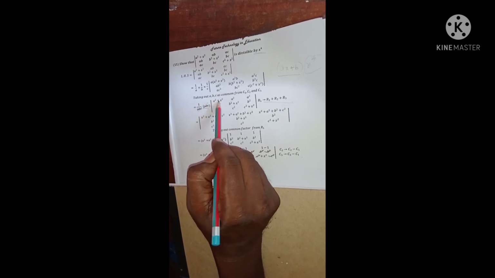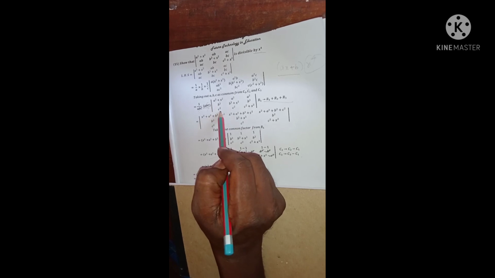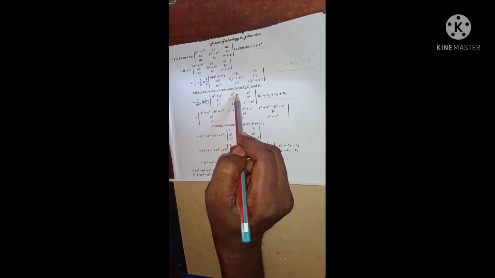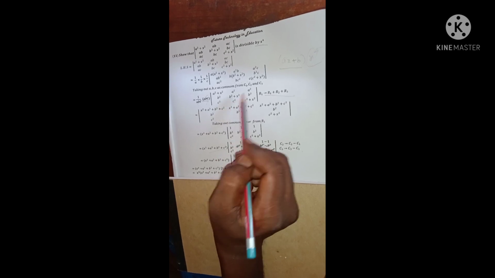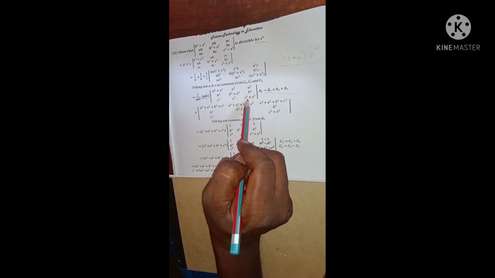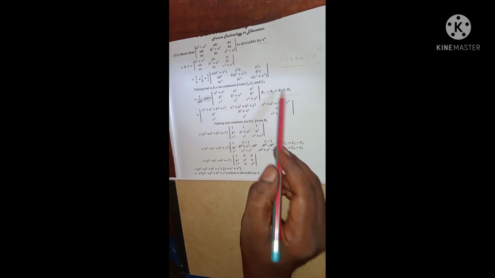Finally we get A square plus x square, B square, C square; A square, B square plus x square, C square; A square, B square, C square plus x square.